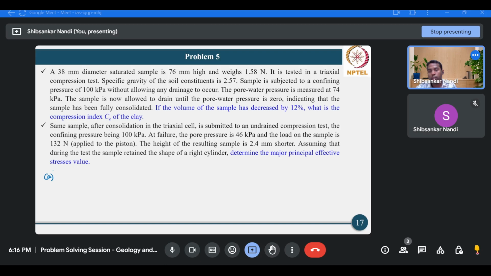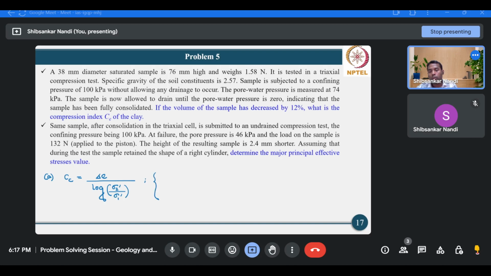I think we learned this in the previous week, in the chapter on consolidation, and the Cc value is nothing but delta e divided by log of sigma 2 prime divided by sigma 1 prime.